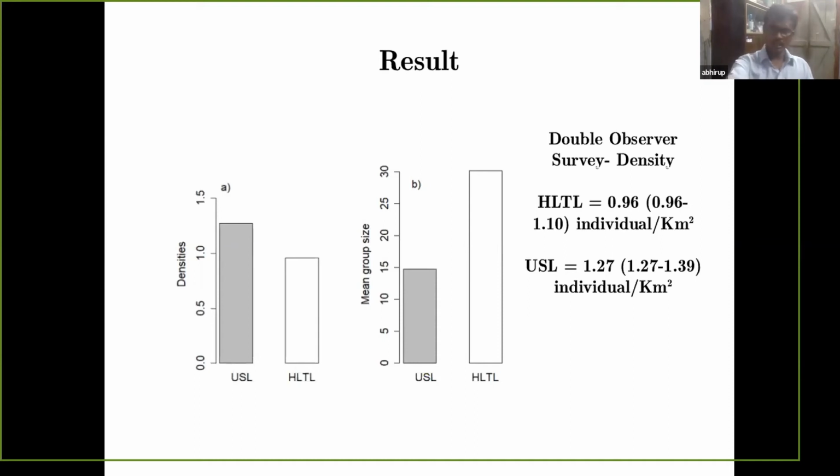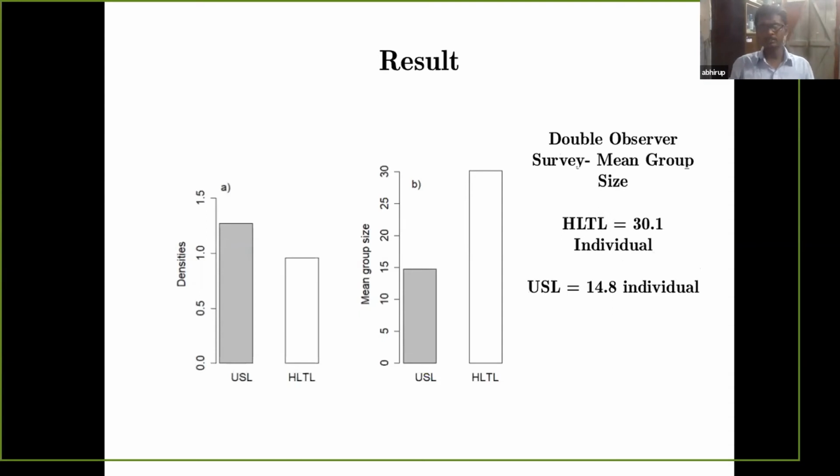But if you look at the mean group size, it's quite interesting. We see that HLTL has a higher mean group size compared to USL. One important factor is that the HLTL group sizes are quite big, more than 100 sometimes.